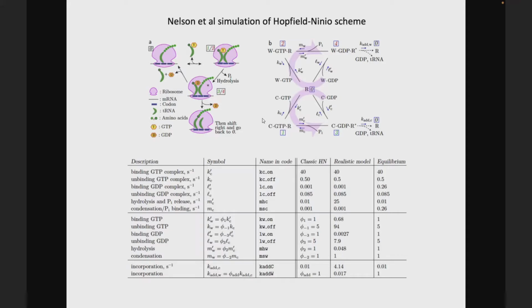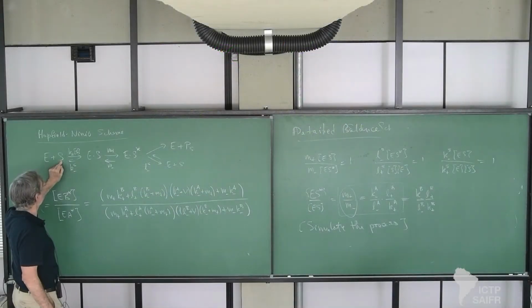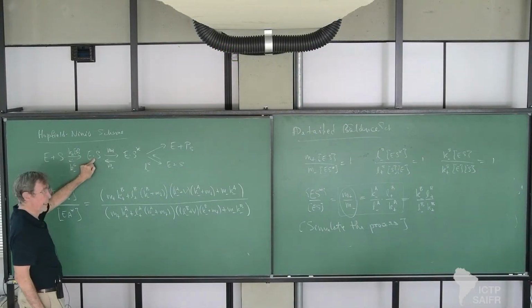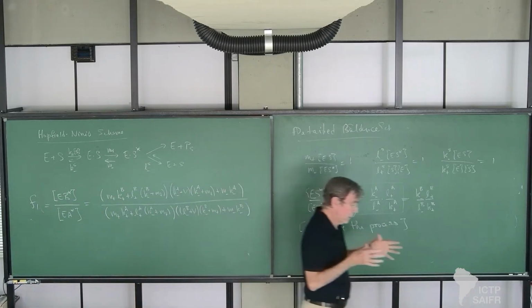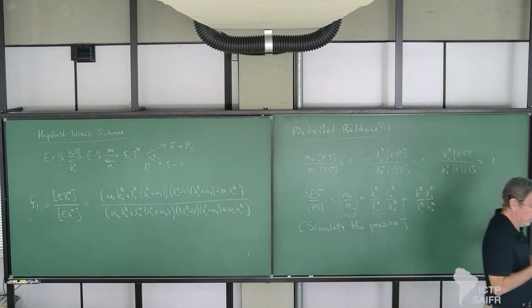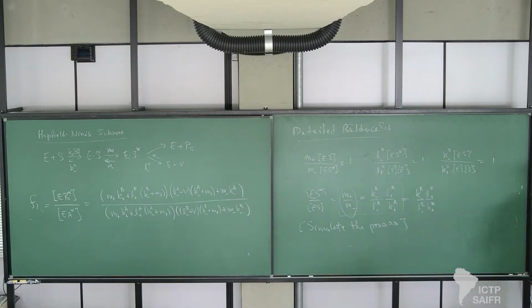So if the enzyme is just sitting there, like so, what can happen to it? Well, it can bind one of the substrates, okay? It can bind either A or B, and you even have a rate at which it binds. You have put in a number, so you actually got a rate.